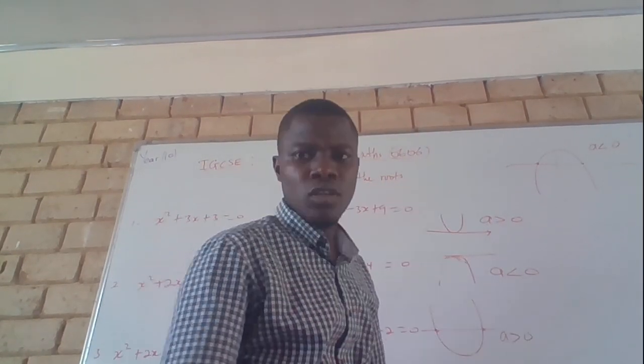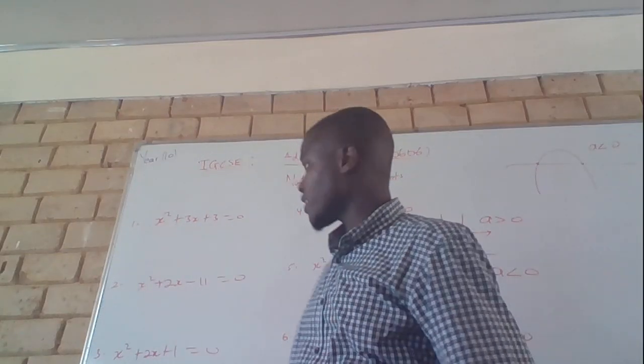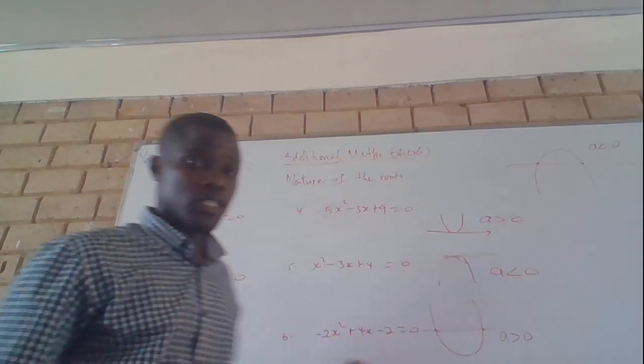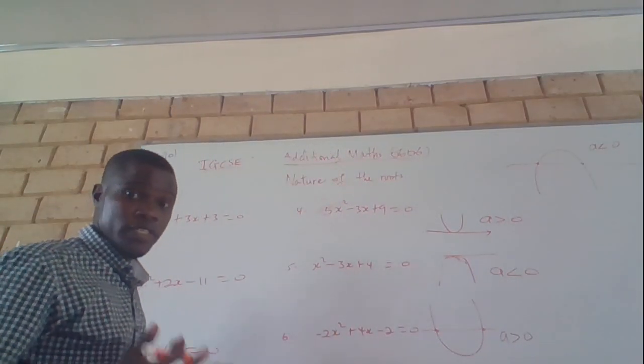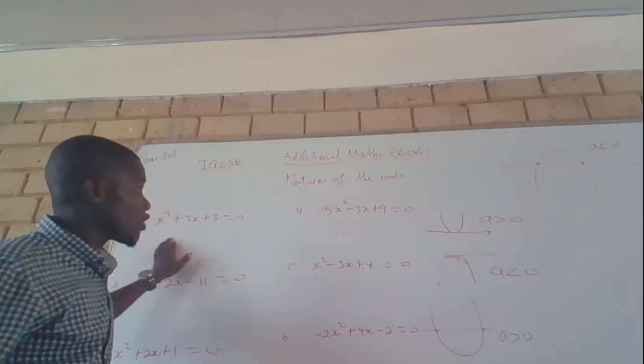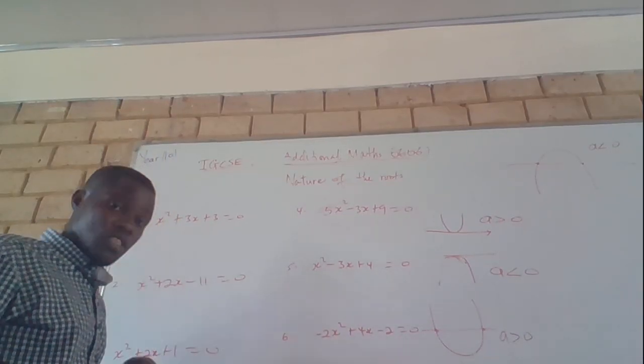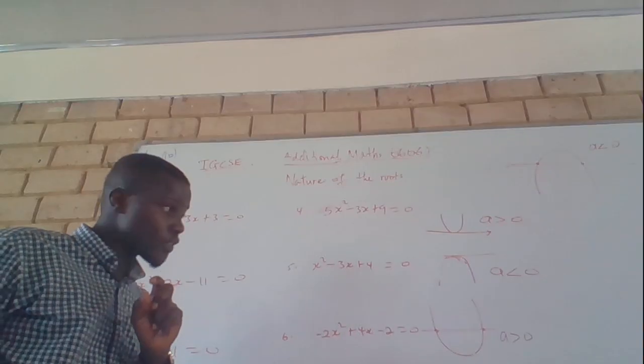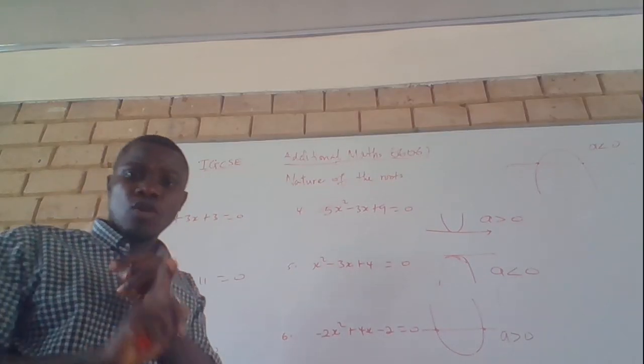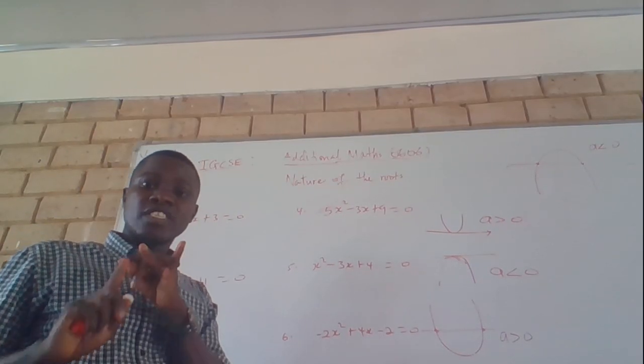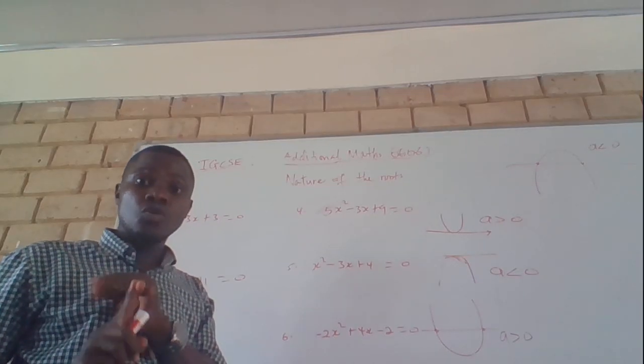Okay, let's take examples. The instruction says that we should state whether these quadratic equations have equal roots, distinct roots, or no roots.